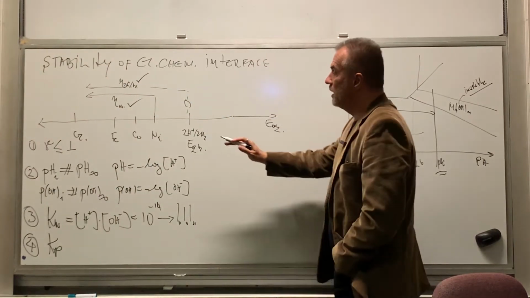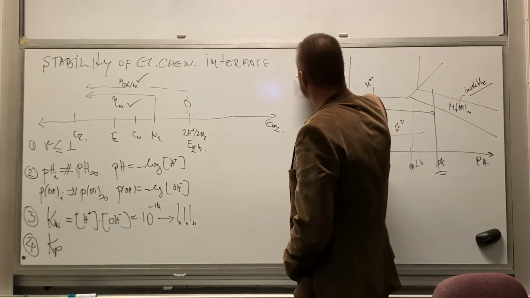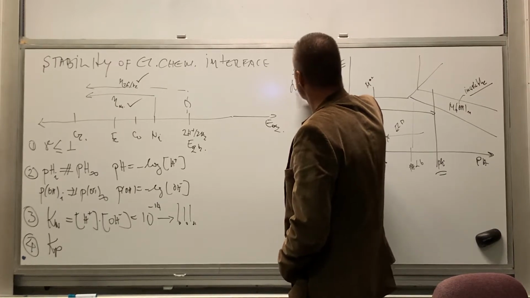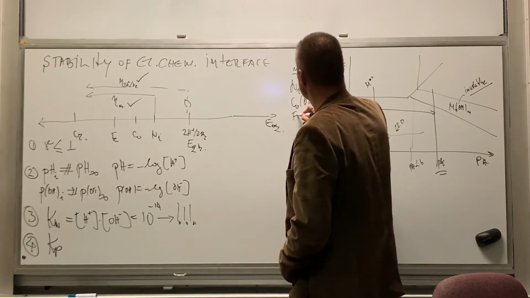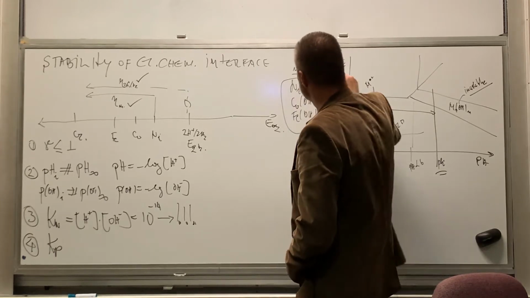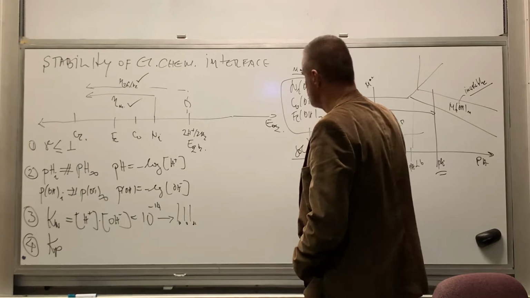Now, iron, cobalt, nickel, for example, if they're in their oxidation state 2, form nickel hydroxide, cobalt hydroxide, and iron hydroxide. And these hydroxides are solid. Okay?